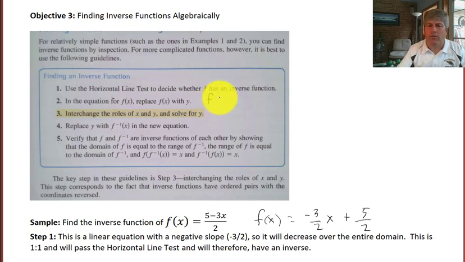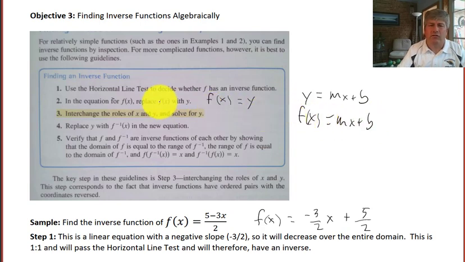We know that f of x really is just another way to write y. In a linear equation, we know that y equals mx plus b. Well, we've also done f of x equals mx plus b, just using function notation. So instead of using the function notation, just use y.